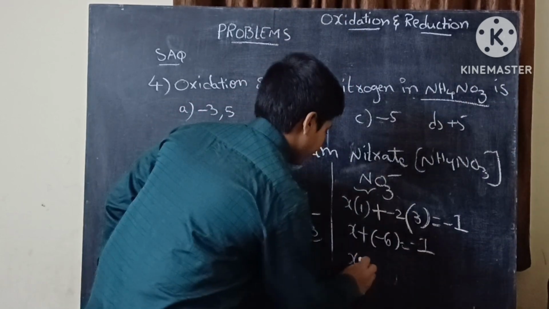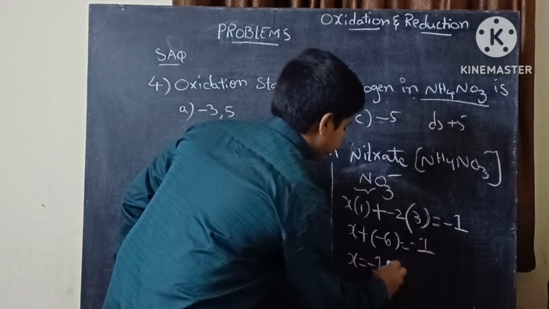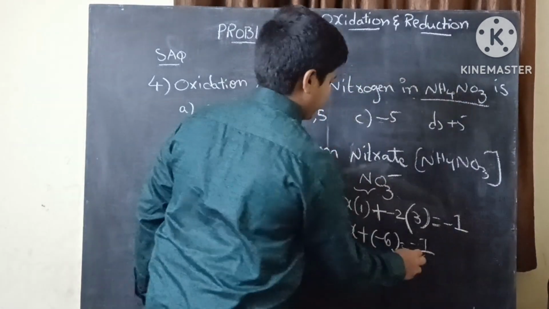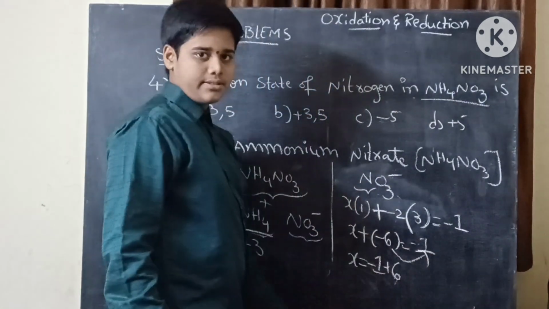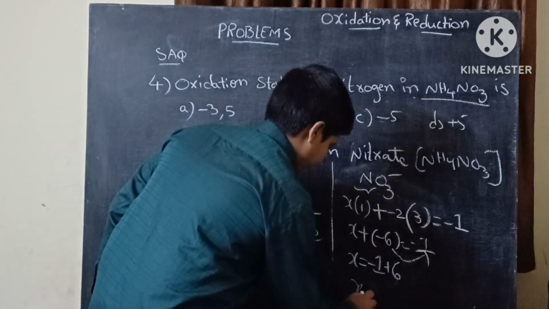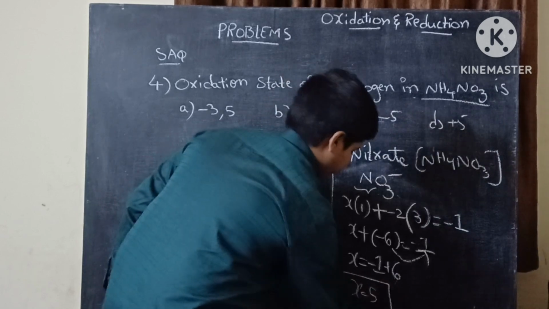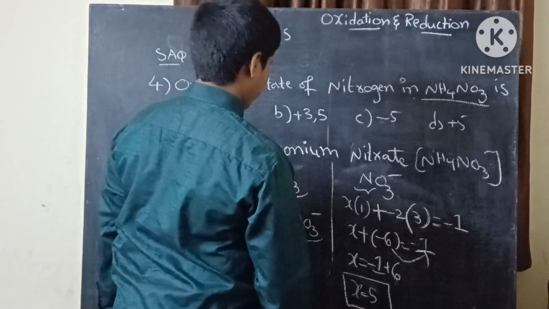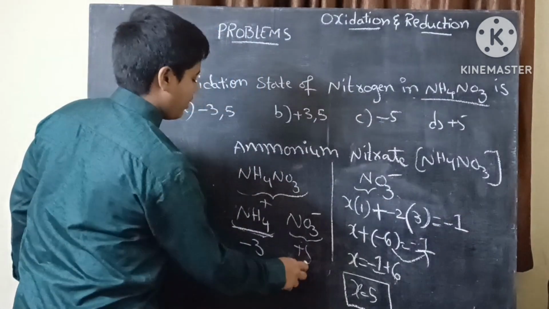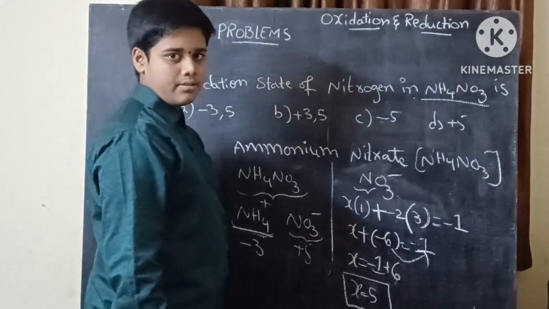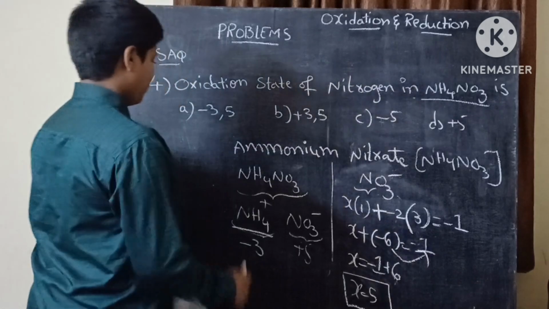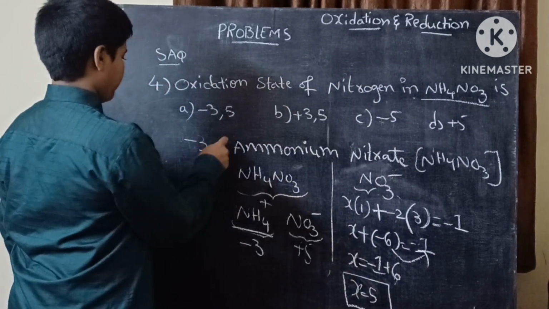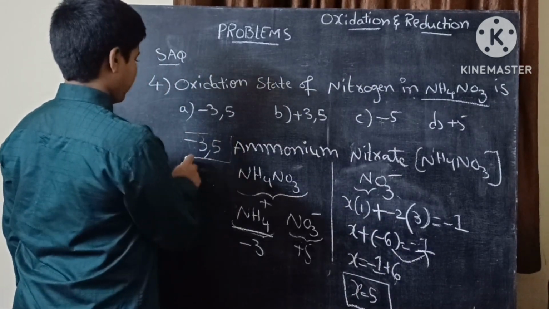So X equals minus 1 plus 6. If we transpose this 6 to this side, it becomes plus 6. So X equals 5, plus 5. So in this, plus 5 is the oxidation number for nitrogen. So these are the two nitrogen oxidation numbers.